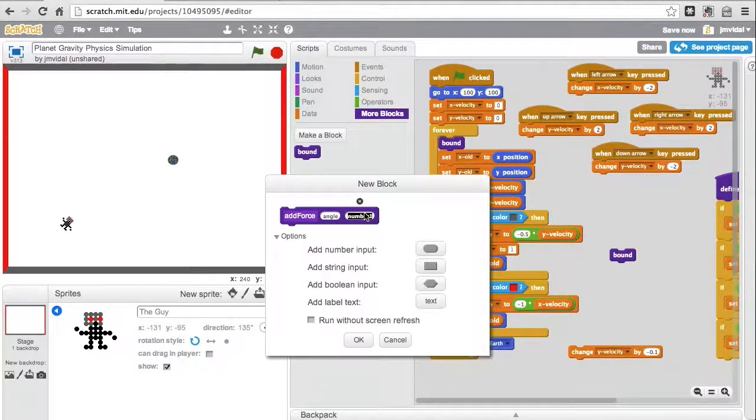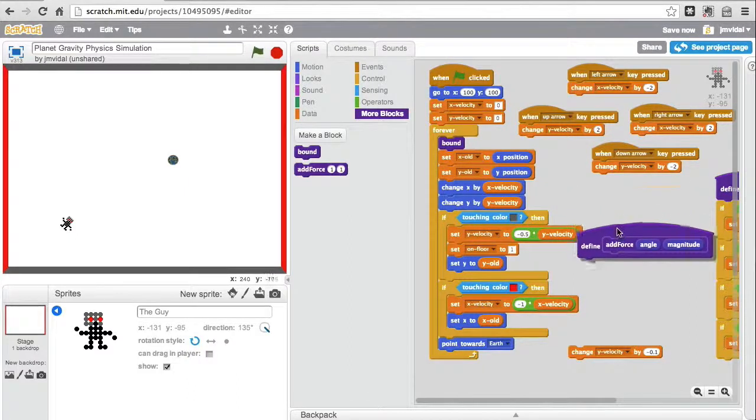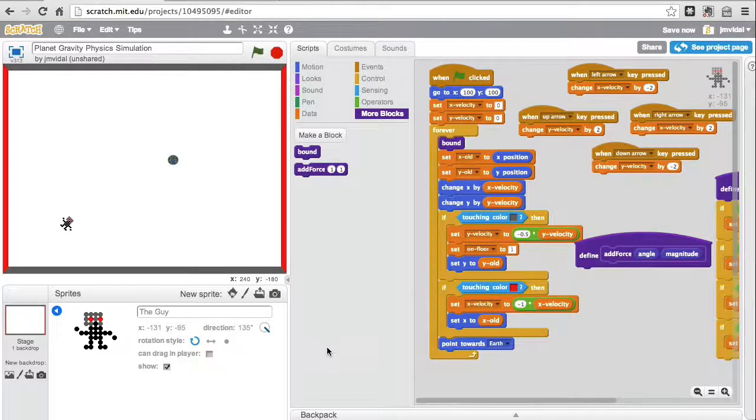So that'll be the actual magnitude of the gravity. Magnitude. There you go. And so that's it. Okay, so let me see if I can put this here, throw away the old gravity.